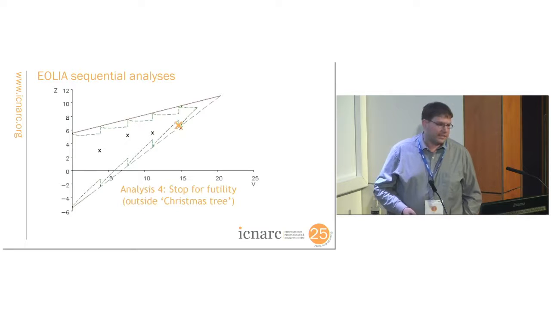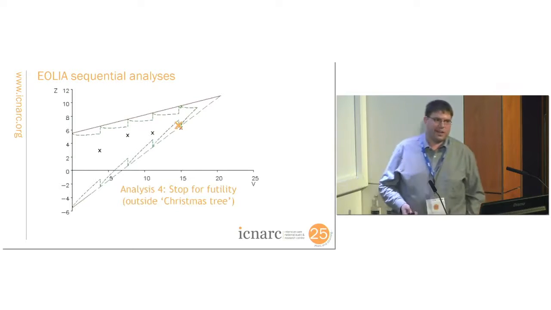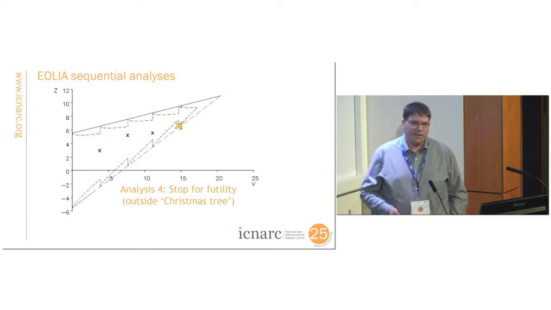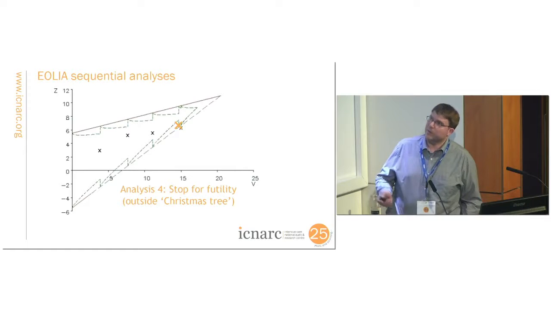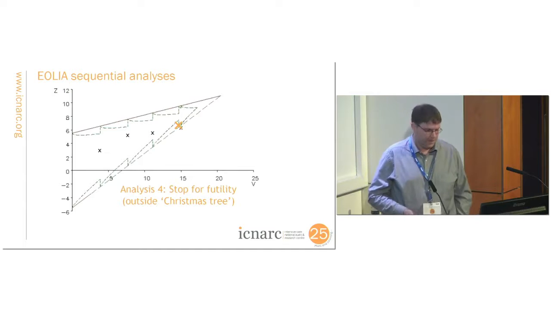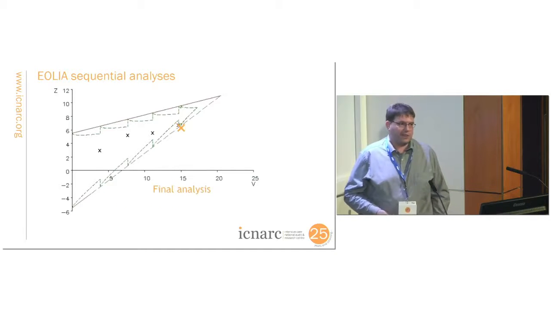But at the 4th analysis, that X, although it falls still inside the triangle, it's outside the Christmas tree. And this means that the recommendation at their 4th analysis was to stop the trial for futility. We're crossing the lower boundary, but with a quite substantially positive z-score. The final point on the plot is the final analysis of the trial.